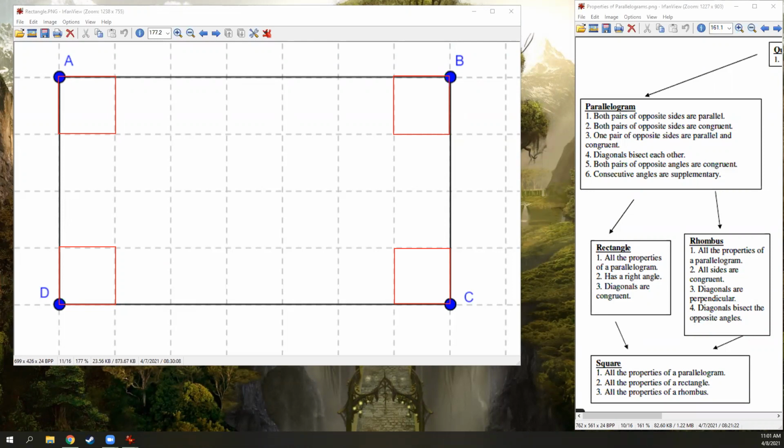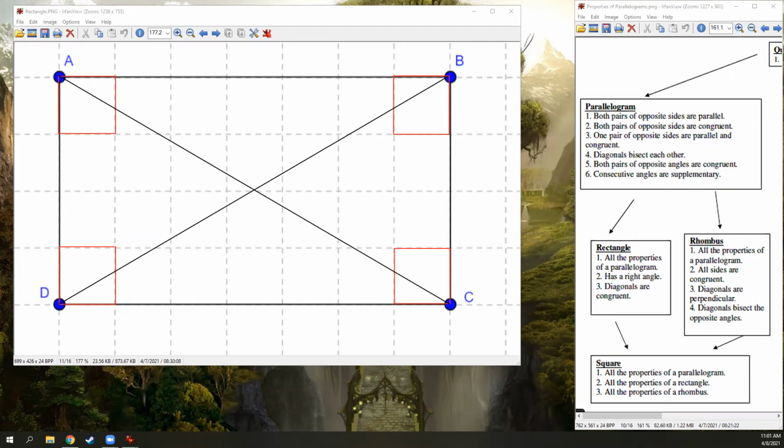Then the last little bit there is the diagonals are congruent. It's exactly what it says, the diagonals. So AC is equal to BD. They're the same. But don't forget that they also cut each other in half. So half of AC in a rectangle is also equal to half of BD.